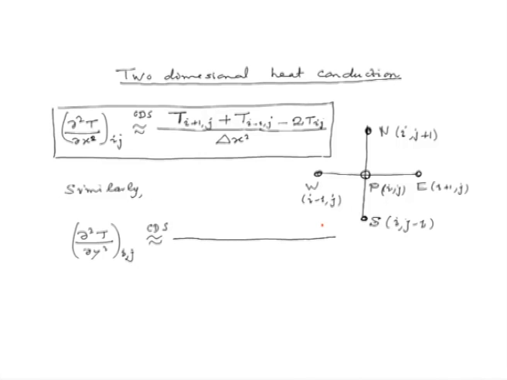So, i indices will be kept the same in our numerator terms, only j indices will change. So, T i comma j plus 1 plus T i comma j minus 1 minus 2 T i j divided by delta y square.